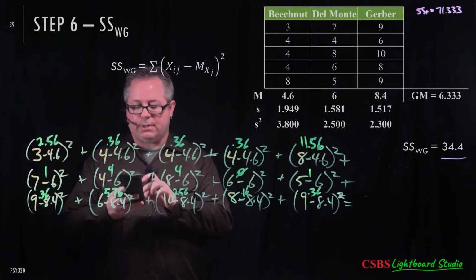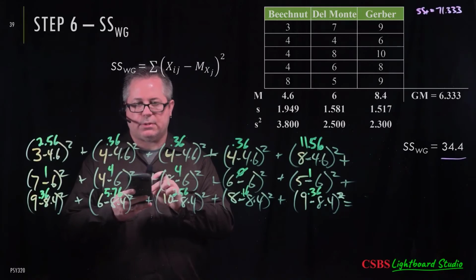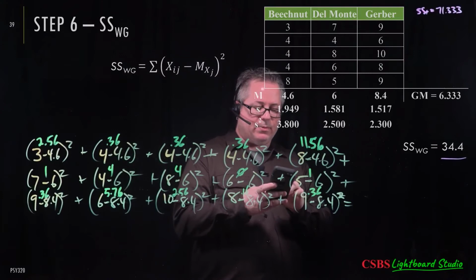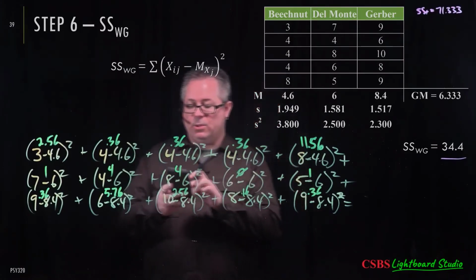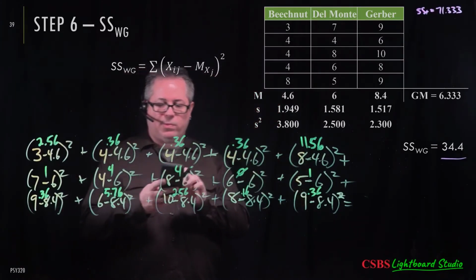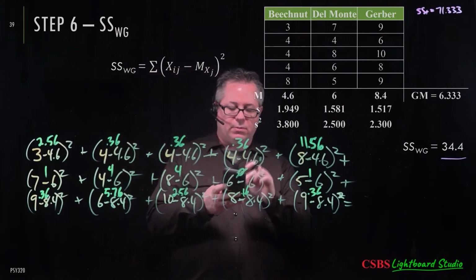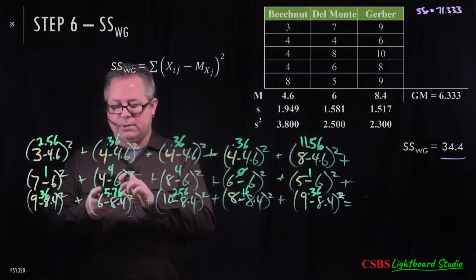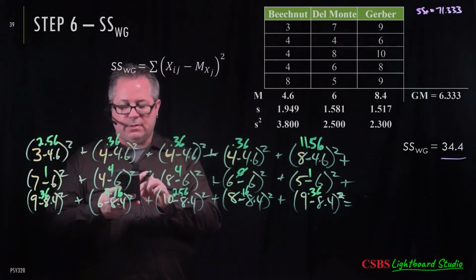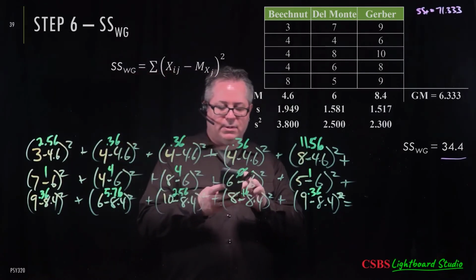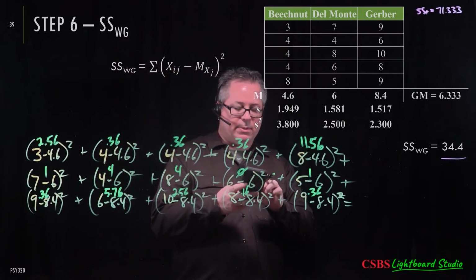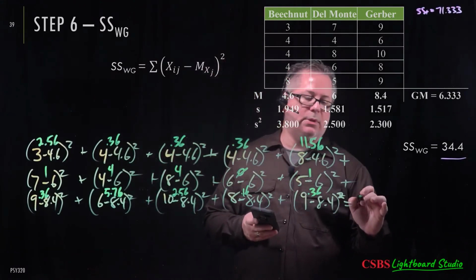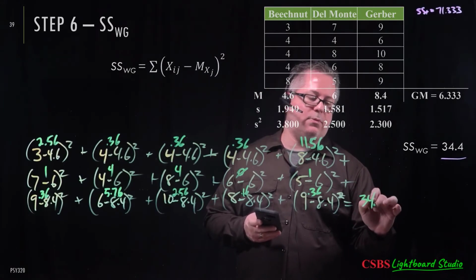2.56 plus 0.36 plus 0.36 plus 0.36 plus 11.56 plus 1 plus 4 plus 4 plus 0 plus 1 plus 0.36 plus 5.76 plus 2.56 plus 0.16 plus 0.36 equals 34.4.